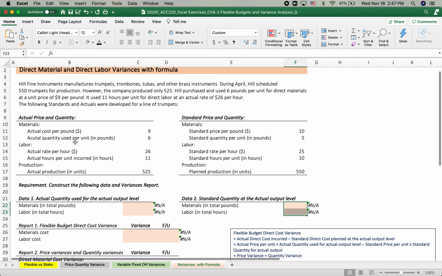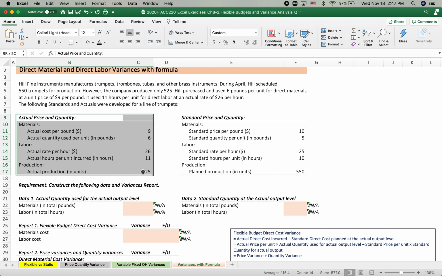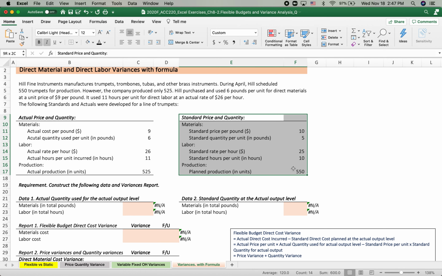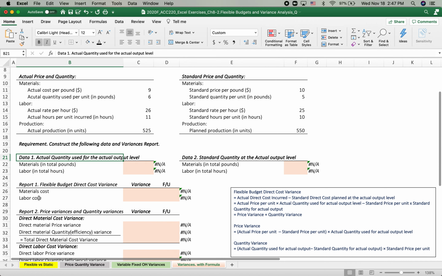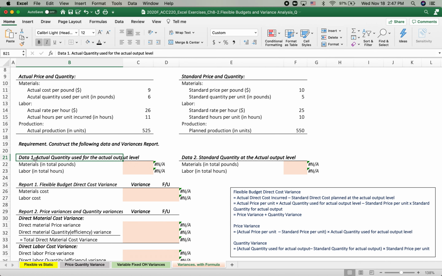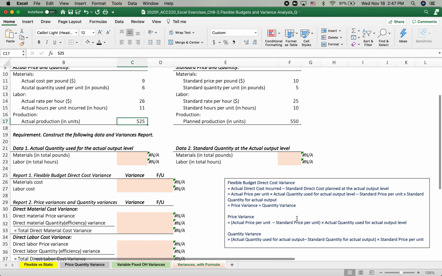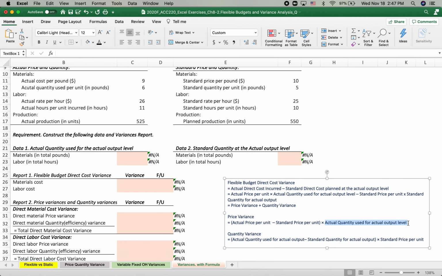As you can see, we have the actual price and quantity information and the standard price and quantity information. The first step is to get the actual quantity used for the actual output level of 525, because when we calculate the flexible budget direct cost variances, we need to know the actual quantity used for actual output level and the standard quantity.